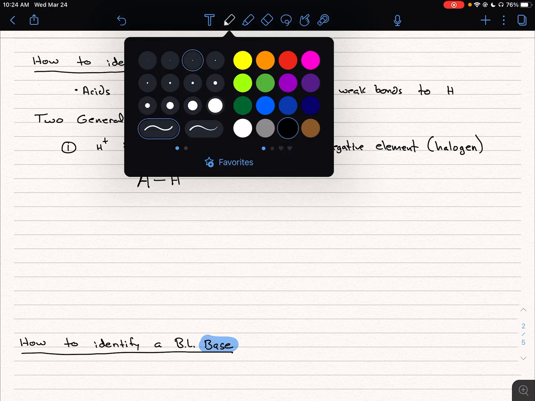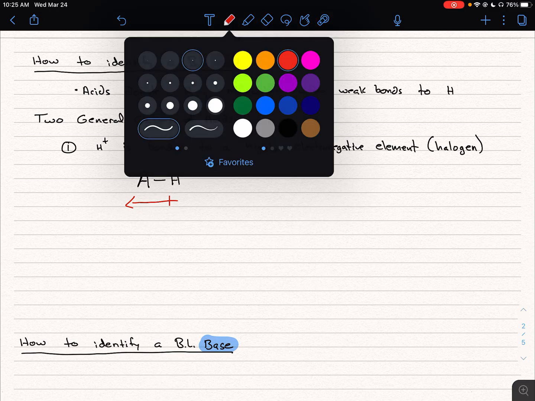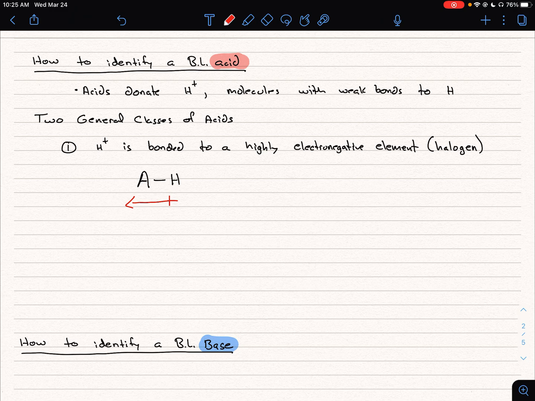And so what's happening is if we have a highly electronegative element, then this molecule becomes very polar. And this element here is pulling all the electron density in this bond towards itself. And what starts to happen is it starts to unequally share these electrons, and it removes the electron density from that hydrogen, making it start to look almost ionic.